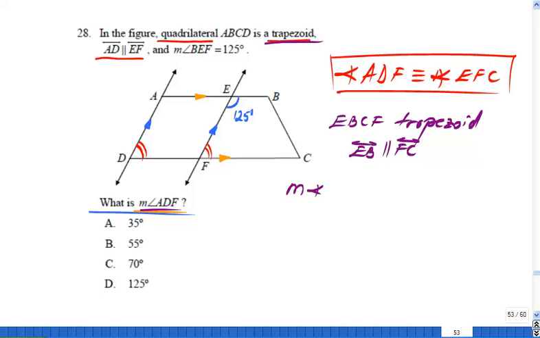If I have the measure of angle BEF and the measure of angle EFC, because they're same side interior angles, they will add up to what? Let me give you a tip. This angle right here is definitely congruent to my BEF, because they're corresponding angles.